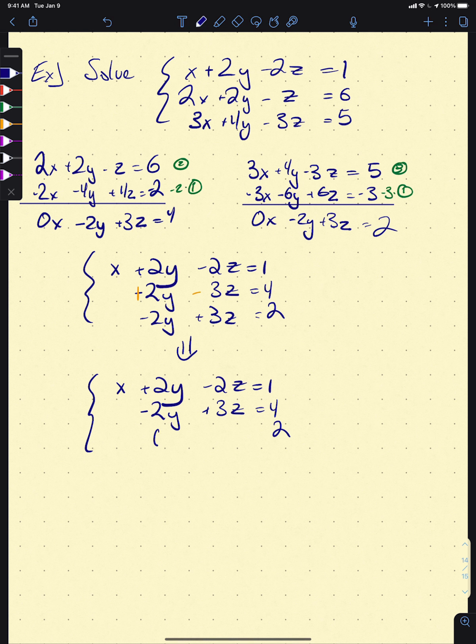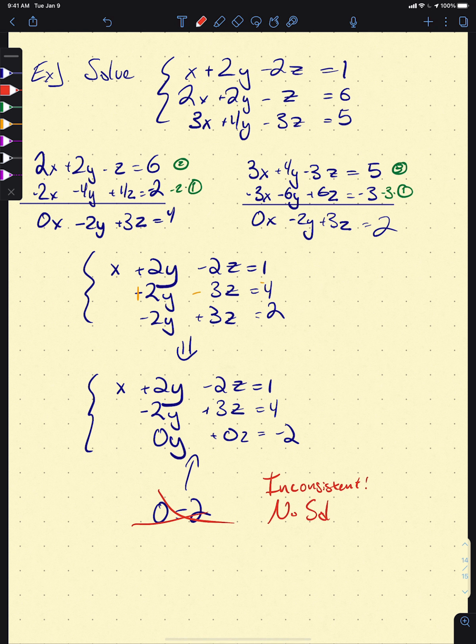But then what's going to happen for the second one? We're going to get 0y plus 0z. Since that one becomes negative, it's going to come out to negative 2. Okay. But this last equation says that 0 equals negative 2, which is definitely false, right? So that means our system is inconsistent and we have no solution, okay?